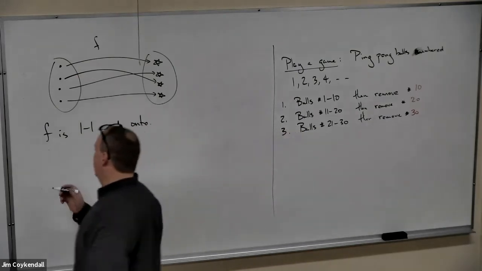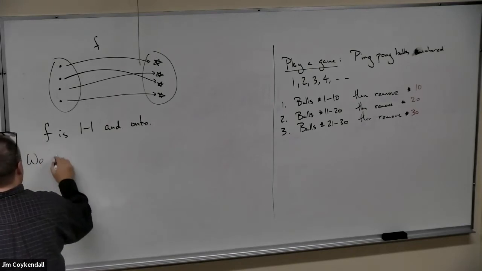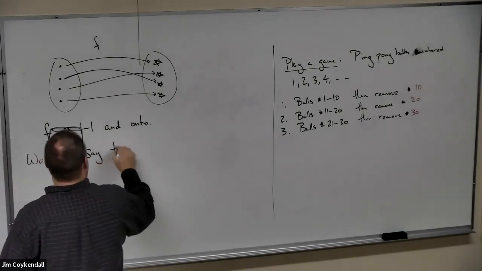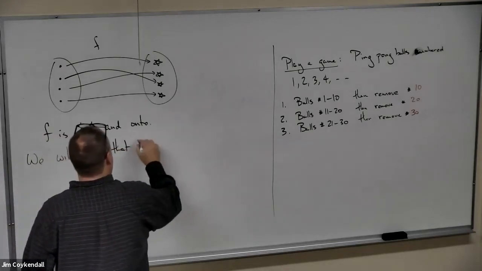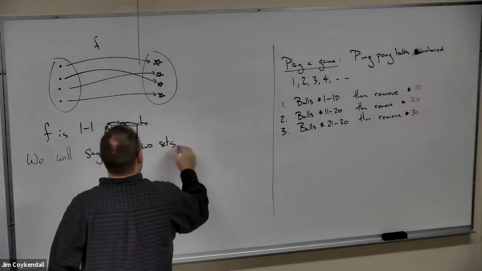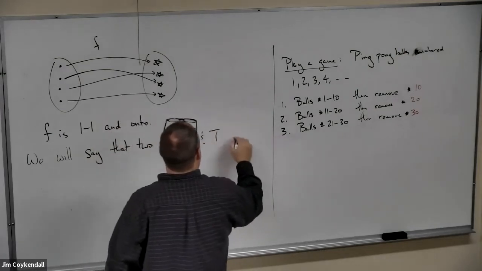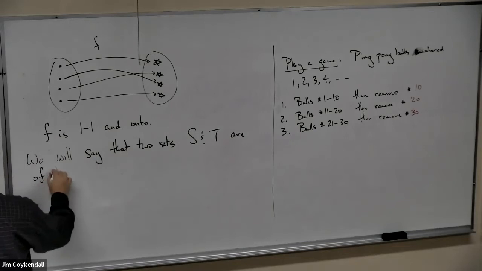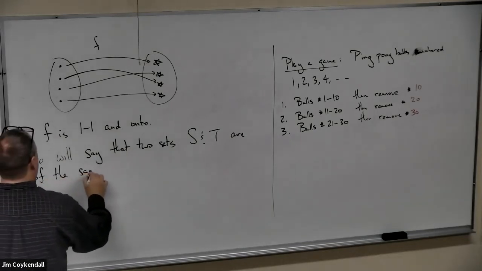We say that 2 sets S and T are of the same cardinality.